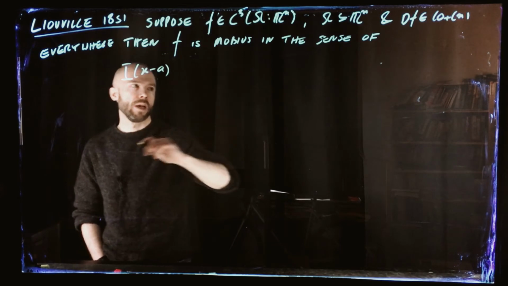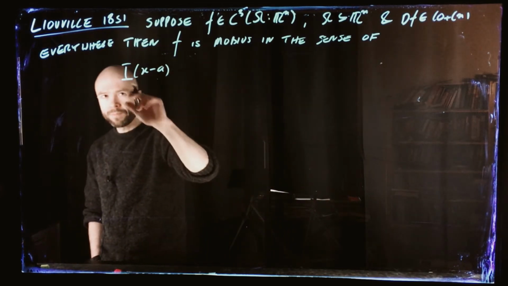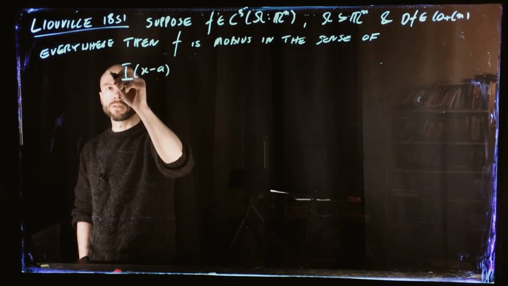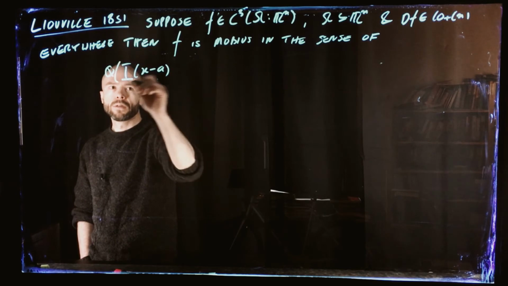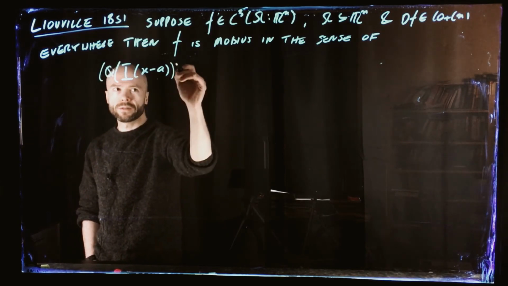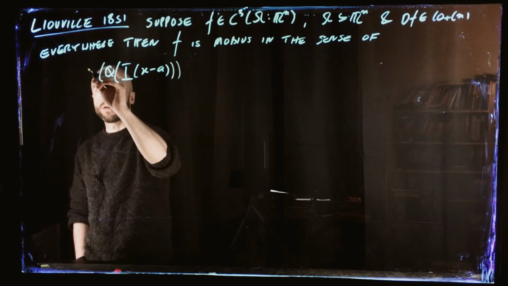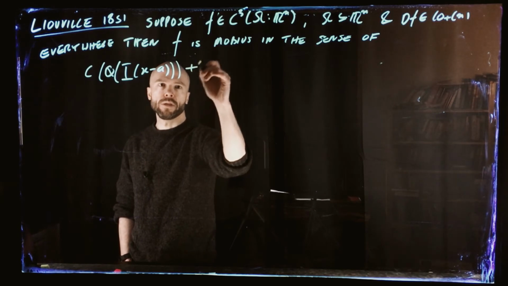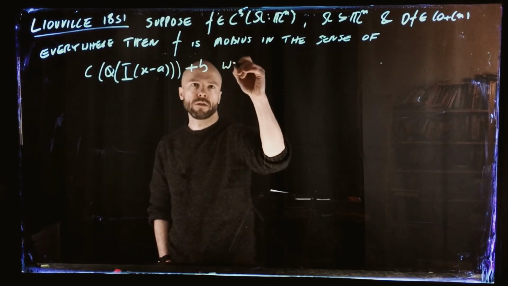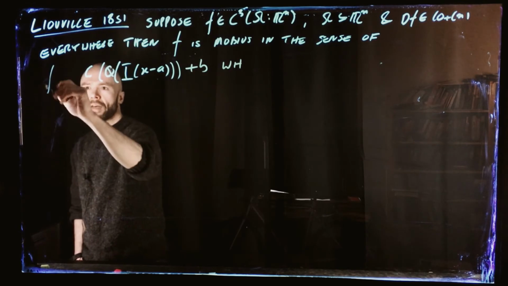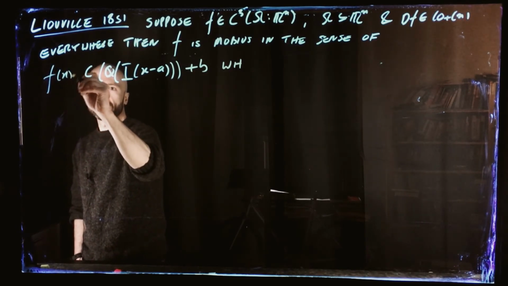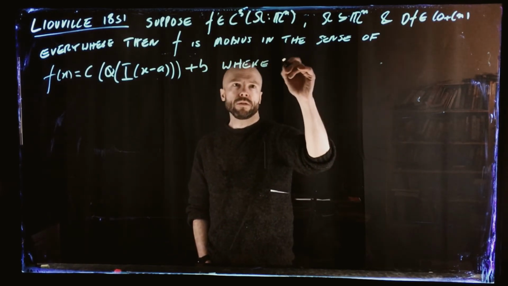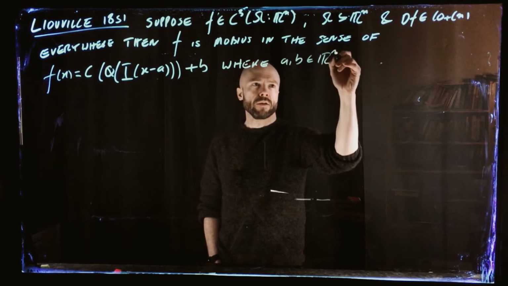We're going to take some point a, and we invert it, and then we're going to compose it with a reflection, and let's call the reflection Q. And then we're going to compose it with just any affine mapping which has got a conformal derivative, and then we can just add a constant b. So f of x is equal to this, where a and b are just some vectors in Rn.